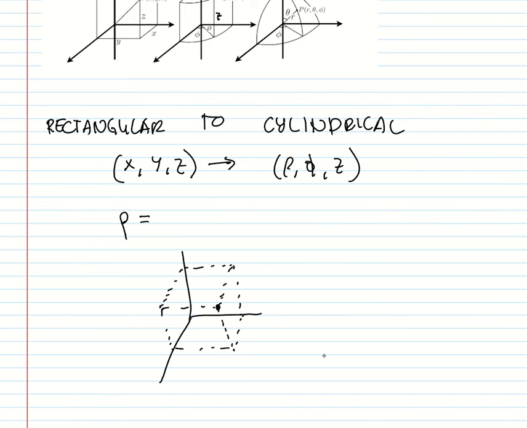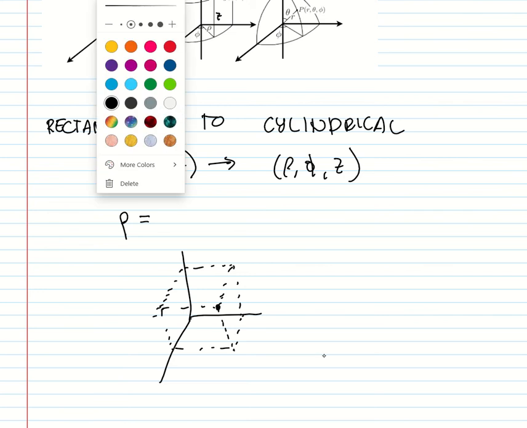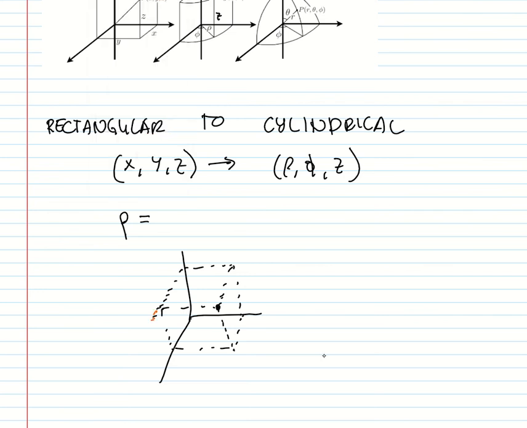Now, if we draw the cylindrical coordinate, let's try another color. For the cylindrical, it will go in that direction, and this will be the rho. Let's draw the top view so that you can understand the concept behind this.